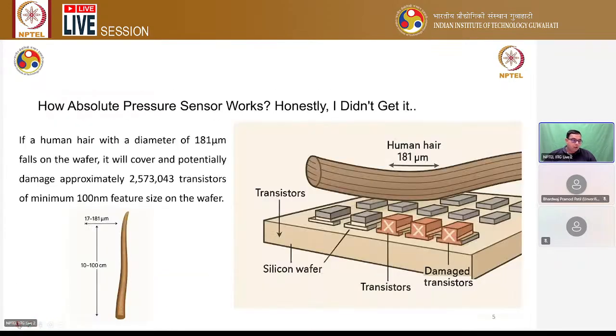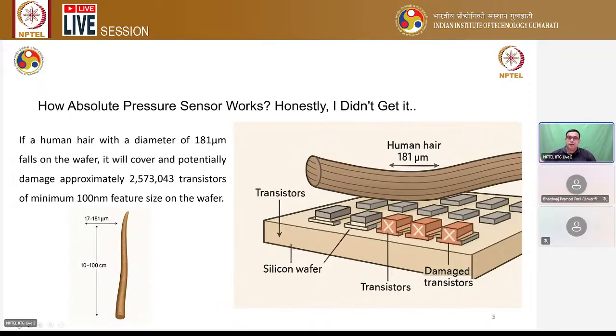Okay. Now, consider that a human hair of a diameter, say 181 micron, falls on the wafer. It covers and potentially damages around 25 lakh sensors or transistors, which have a minimum feature size of 100 nanometer. So you can think of the damage caused by a small hair of this particular dimension.